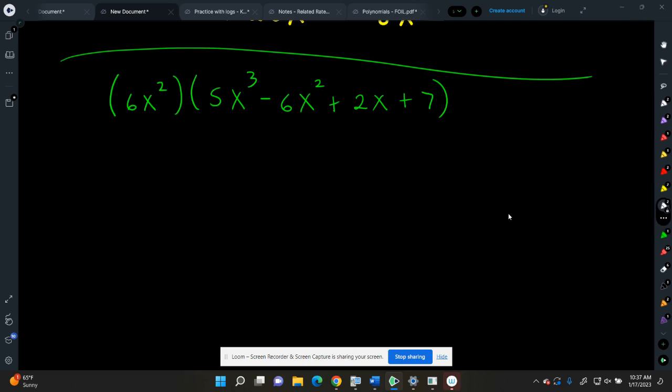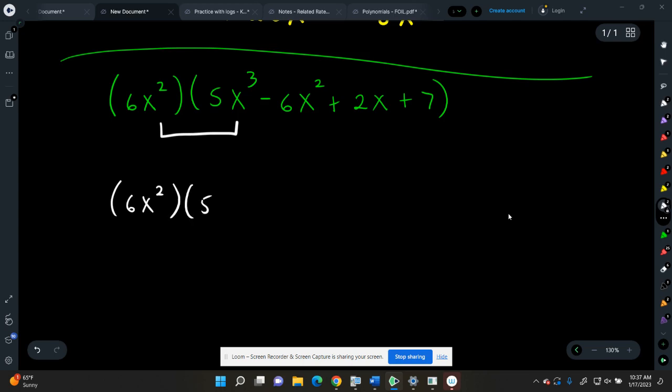You distribute the 6x squared to everything. 6x squared times 5x to the third is 30x to the fifth. Plus 6x squared times negative 6x squared is negative 36x to the fourth.